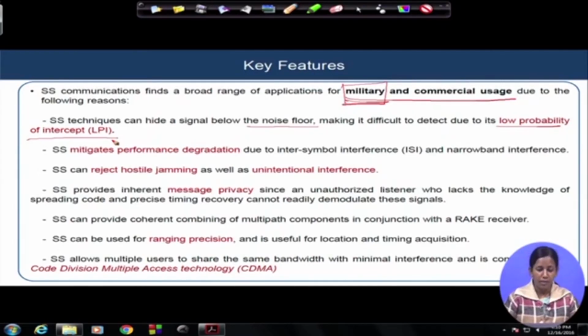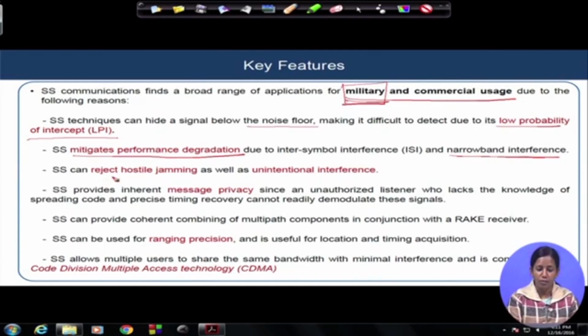Number 2, it mitigates the performance degradation because of any inter-symbol interference that is going on, and also the narrowband interference. Already I have mentioned that when some narrowband interference is there, we get a gain on top of it against that.